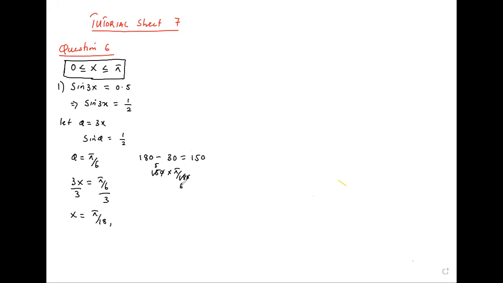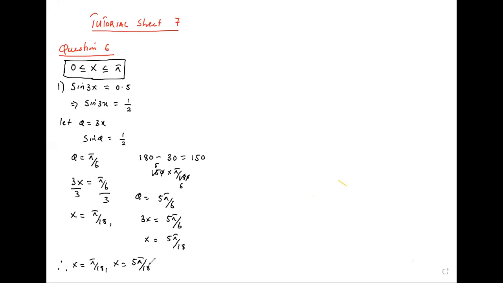So we have theta is equal to 5 pi over 6, which also gives us half. But now theta is 3x. So again, we have 3x is equal to 5 pi over 6, meaning x is equal to 5 pi over 18. Okay, so far we have x is equal to pi over 18. We have x is equal to 5 pi over 18.